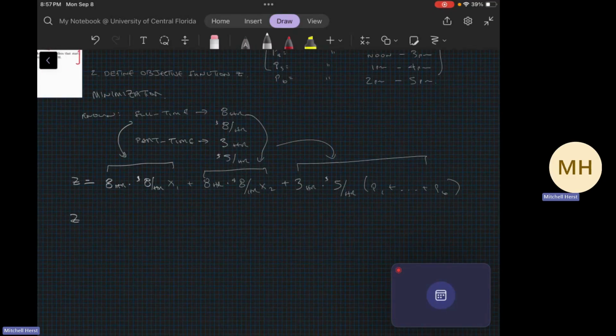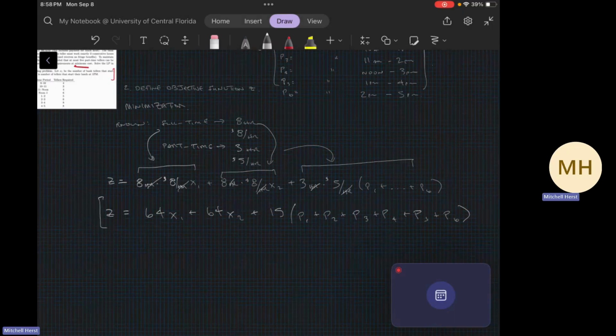Okay, so kind of cleaning that up, Z is equal to 64 x1 plus 64 x2 plus 15 times (P1 plus P2 plus P3 plus P4 plus P5 plus P6).